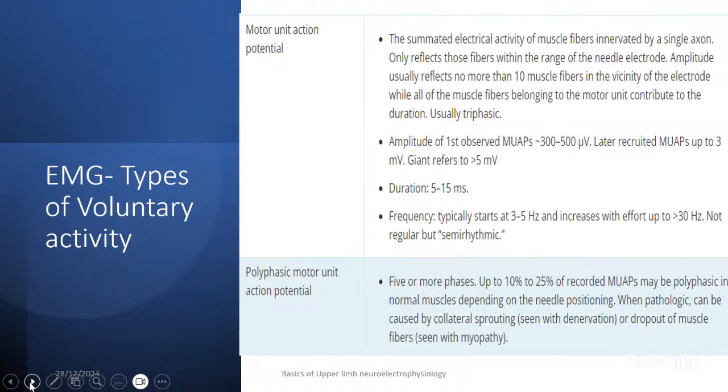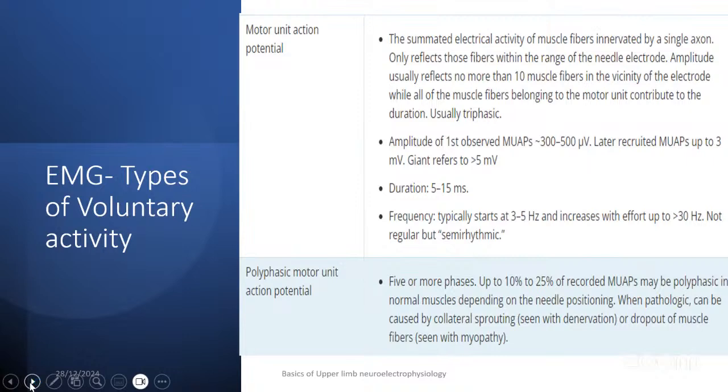As I said earlier, amplitude usually reflects no more than 10 muscle fibers in the vicinity of the electrode, while all of the muscle fibers belonging to the motor unit contribute to the duration. Usually that is triphasic. The duration reflects the larger number of muscle fibers, whereas amplitude reflects only a couple of fibers which are nearby.